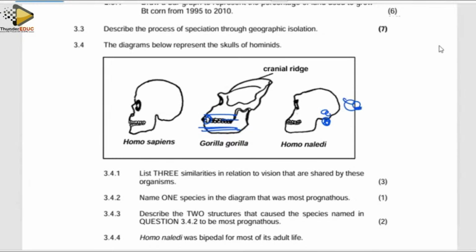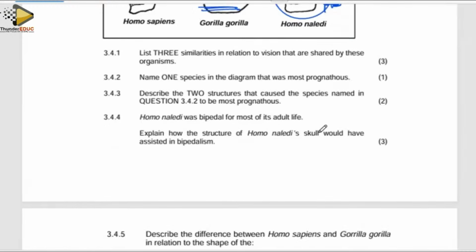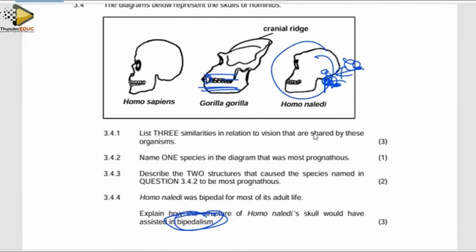If you look here, it is in a more forward position. It allows the spine to connect vertically so that you are able to carry this skull upright in the space. Remember, bipedalism is the ability to walk on two limbs. So anything related to this is related to the position of the foramen magnum.